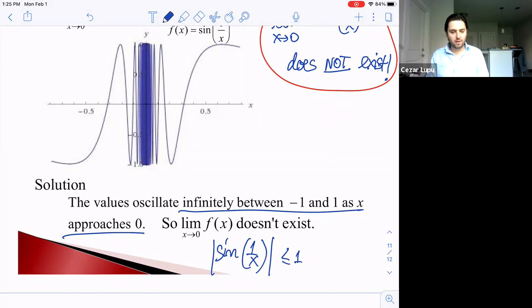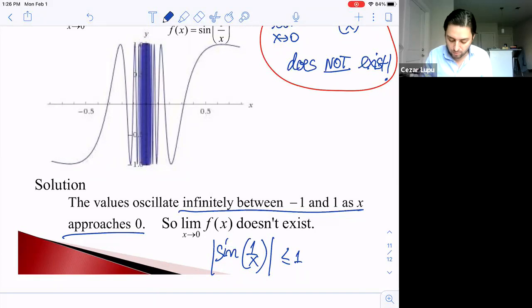As we will see, when we want to deal with the limit of a product of two functions, and one of them goes to 0 and the other one is bounded, then the product will go to 0.